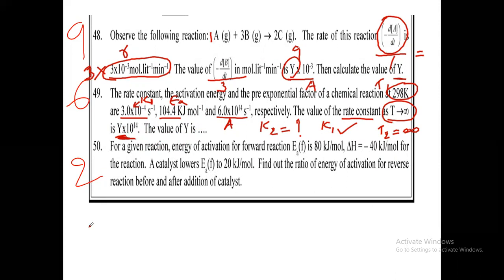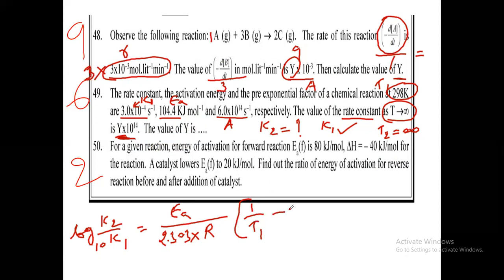Now tell me the formula. Log K2 by K1 to base 10 is equal to EA, activation energy, by 2.303 into R, into 1 by T1 minus 1 by T2.